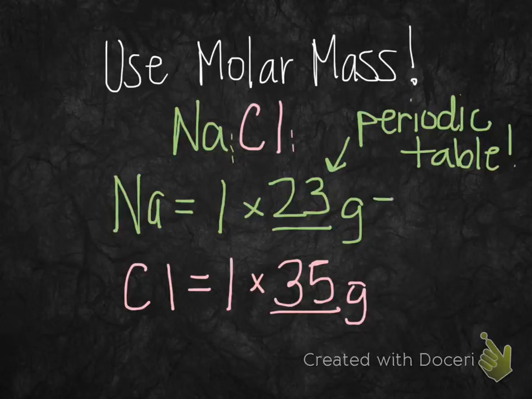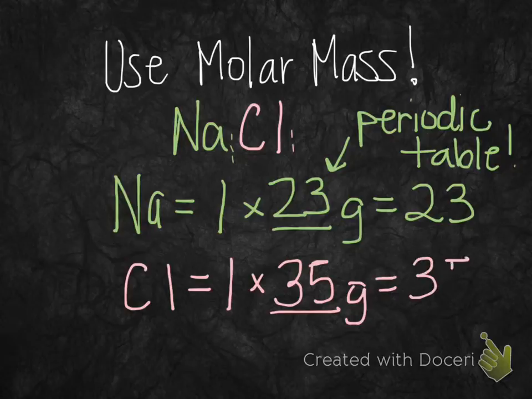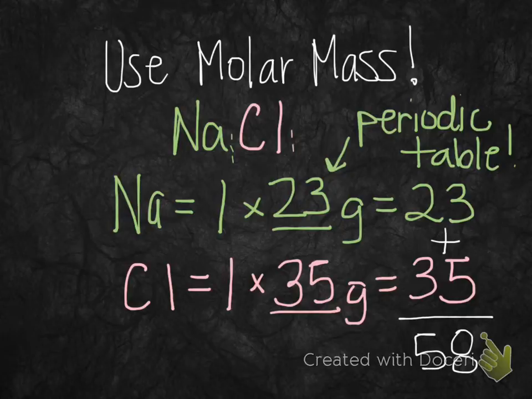Now we multiply, and then we add. So 5 plus 3 is 8, and 3 plus 2 is 5. Your answer is 58 grams. Make sure you have this copied down.